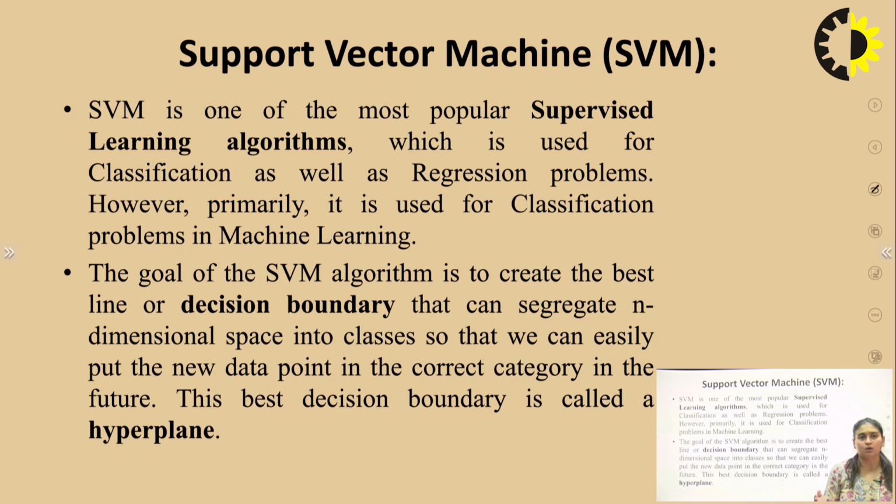The category can be true, false, or male, female, etc. This best decision boundary is known as hyperplane. These are the concepts which are very important while we study support vector machine: hyperplane, which hyperplane to choose, what is margin, what is decision boundary. Decision boundary is the best line and the best decision boundary is known as hyperplane.